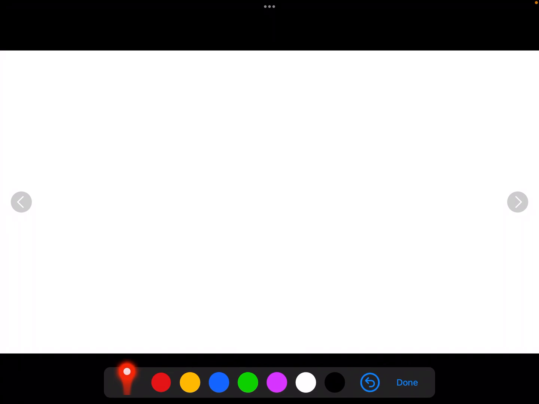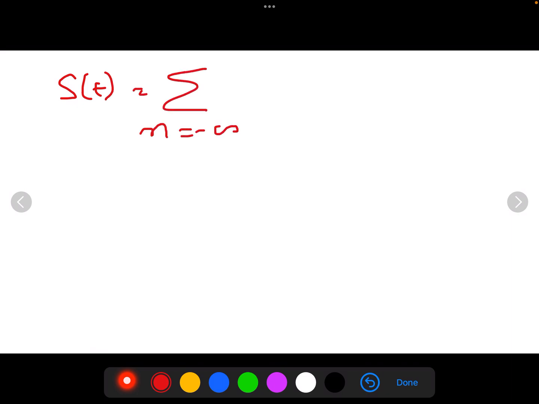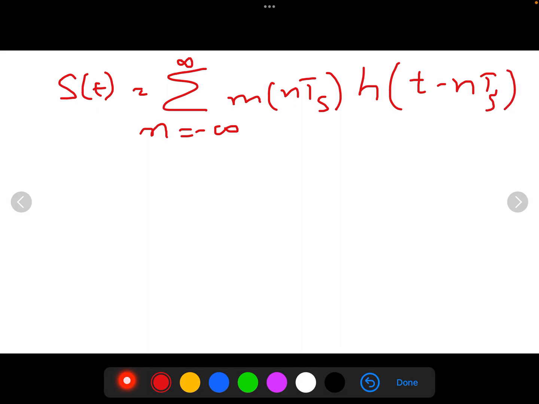So we can write s of t is equal to summation n from minus infinity to plus infinity m of nTs into h of t minus nTs, where Ts is the sampling period, m of nTs is the sample value of m of t obtained at the time t equal to nTs.